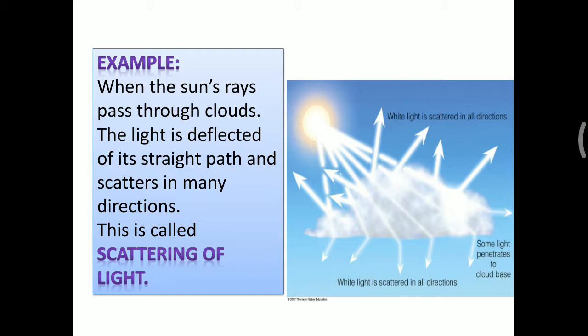When it hits the clouds, the light rays are deflected from their straight path and scattered in many directions. This is called scattering of light. Do you understand what is meant by scattering of light? When the light falls on the object, it is deflected from the straight path and scattered in many directions. This effect is called scattering of light.